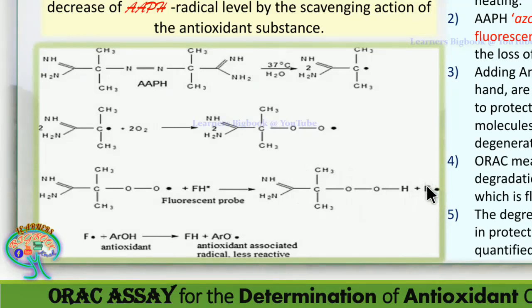So this is how the fluorescein molecule is vulnerable to this oxidation, where further the antioxidants are going to reduce the peroxyl radical, and they are going to save the fluorescein molecule.